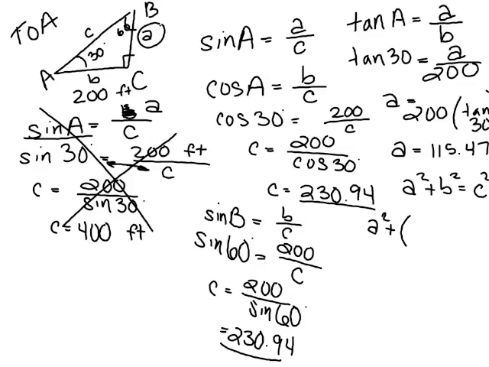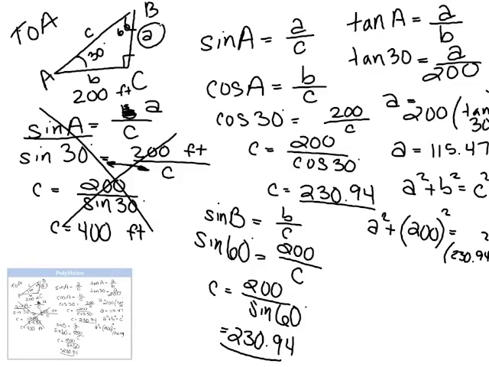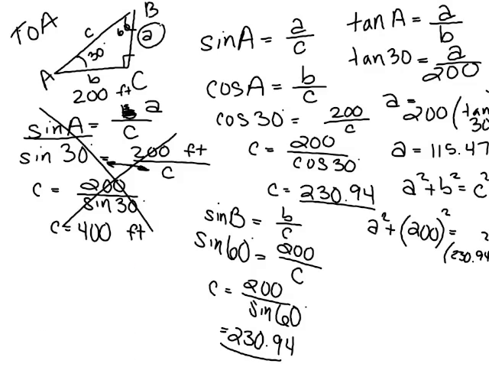B is 200. 200 squared equals, C is 230.94, so 230.94 squared minus 200 squared.